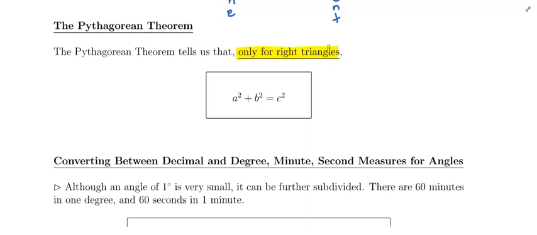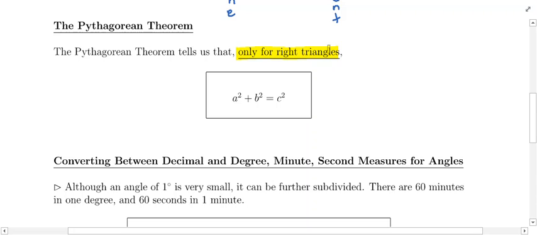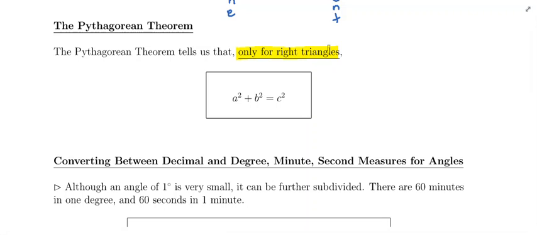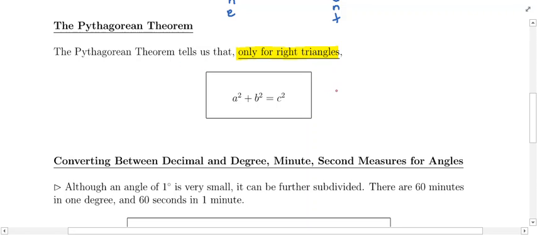What it tells us is that, again, only for right triangles, a squared plus b squared is equal to c squared. Okay, so a, b, and c are referring to the lengths of the sides of the triangle. Basically c is reserved for the hypotenuse like we said. A and b are the adjacent and opposite sides. It doesn't matter which is which. I usually reserve a for adjacent, but that's not a requirement.